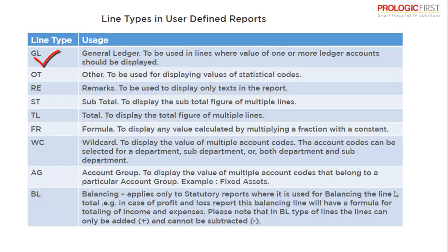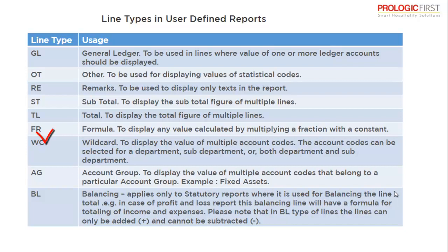For values of account codes, use GL. For statistical figures, use OT. To display only text, use RE. For subtotals, use ST. For totals, use TL.